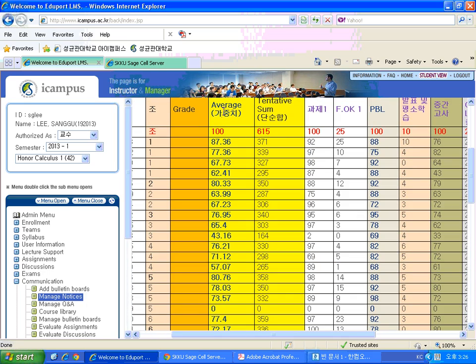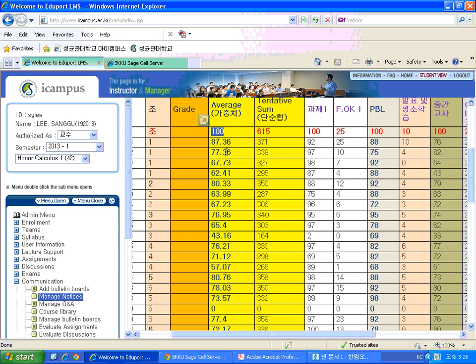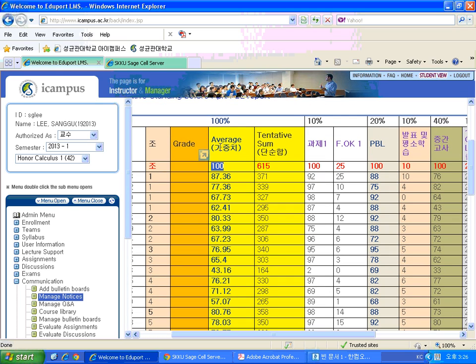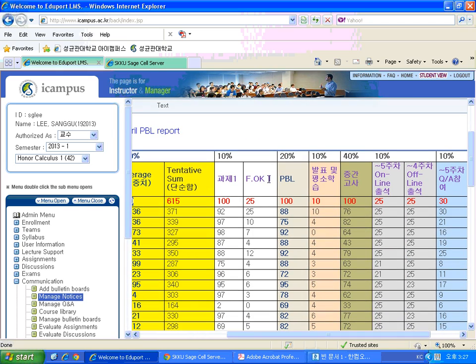And these are the real points with the 100-point ratio, with the percentage assigned for each of the categories as was noted in the syllabus.